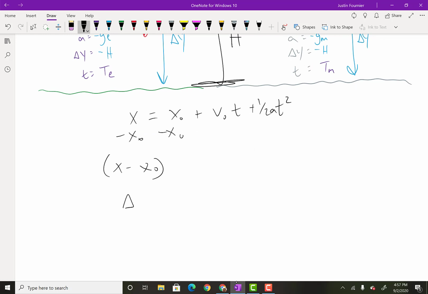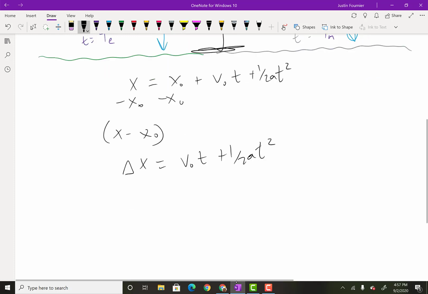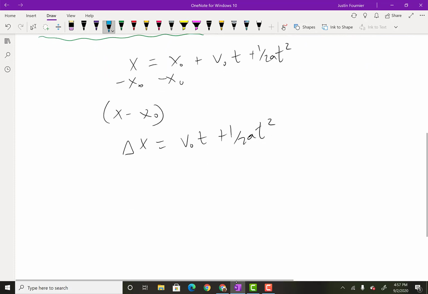But we're dealing with vertical position, so we'll say delta y is equal to v naught t plus 1/2 at squared.